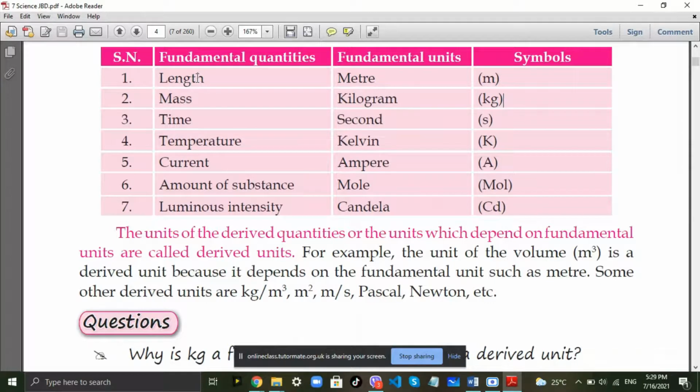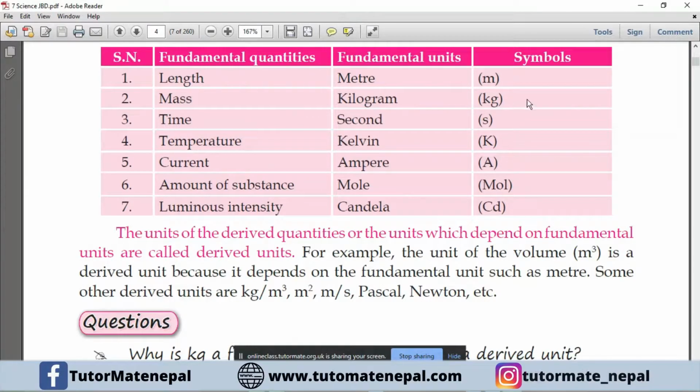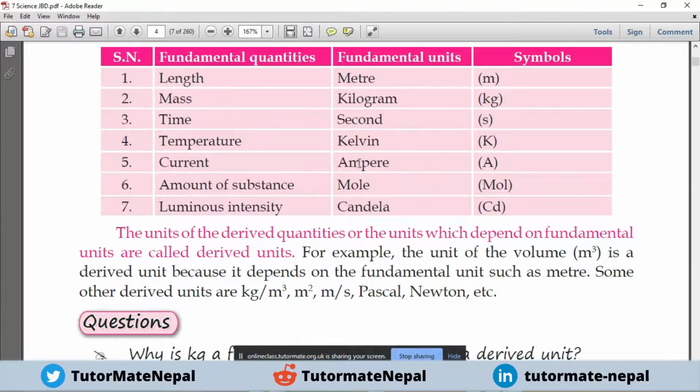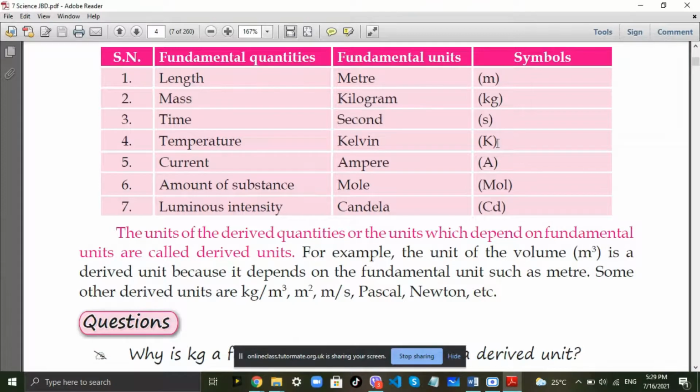First one is length, measured in meter, and the symbol is m. Mass is measured in kilogram, denoted by kg. Time is second, denoted by s. Temperature is Kelvin, denoted by capital K. Current is measured in ampere, and the symbol is capital A.